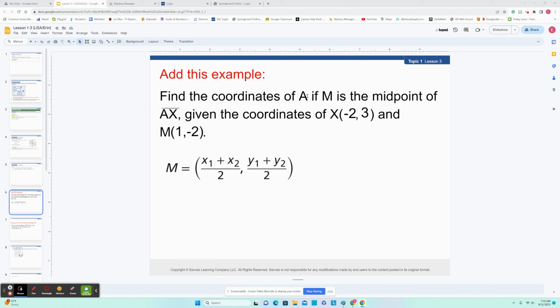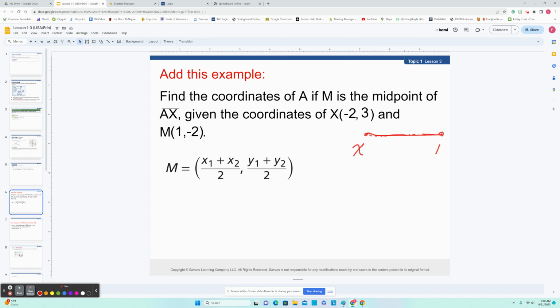So it says find the coordinates of A if M is the midpoint of AX, given the coordinates of X, -2, 3, and M, 1, -2. So if I drew a line here, or at least attempted to, and they're calling it AX.